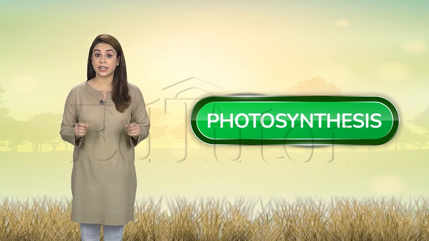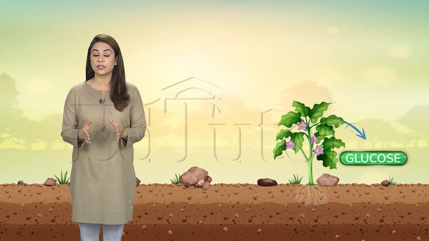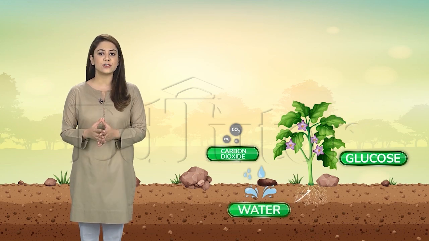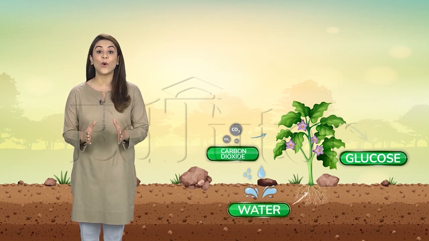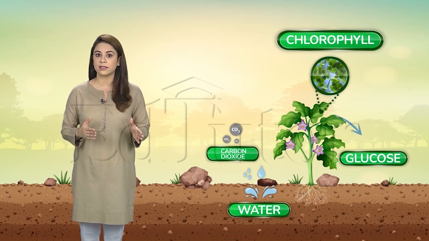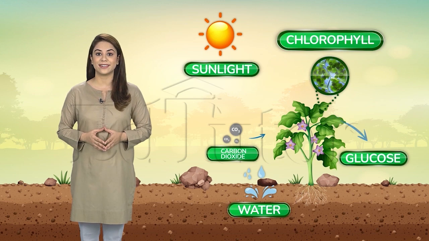Remember, we studied about the independent and dependent beings in the last video. So, you know, plants being the independent ones perform photosynthesis, in which they synthesize glucose from carbon dioxide and water in the presence of this green substance called chlorophyll, which is already present in the plants, and sunlight, which is an external factor.